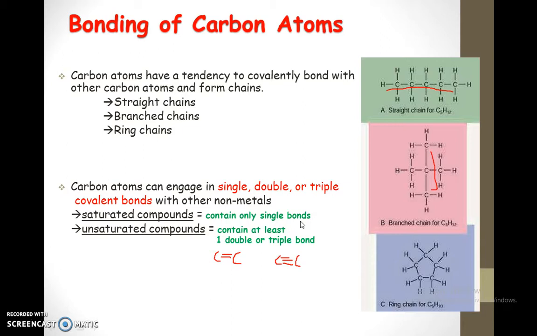You may find saturated organic compounds, meaning there are only single bonds in saturated compounds. How about unsaturated compounds? They contain at least one double or triple bond. So a double bond, for example, like this, C double bond C, or triple bond, C triple bond C.